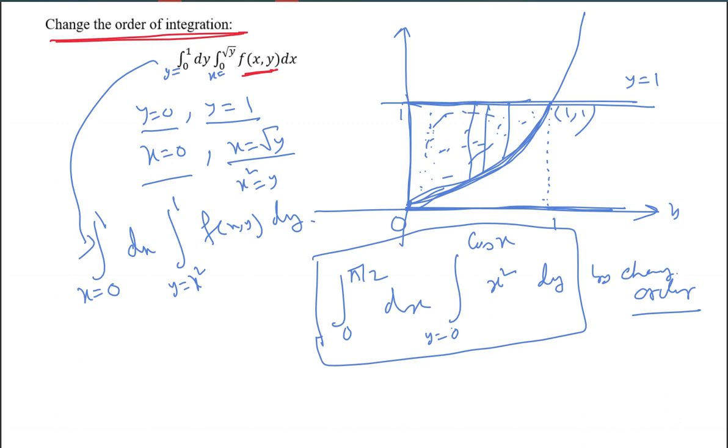If you have any doubt, then ask me. Sir, if the question doesn't ask to change the order of integration, then we can continue with the question as it is. Listen to me.